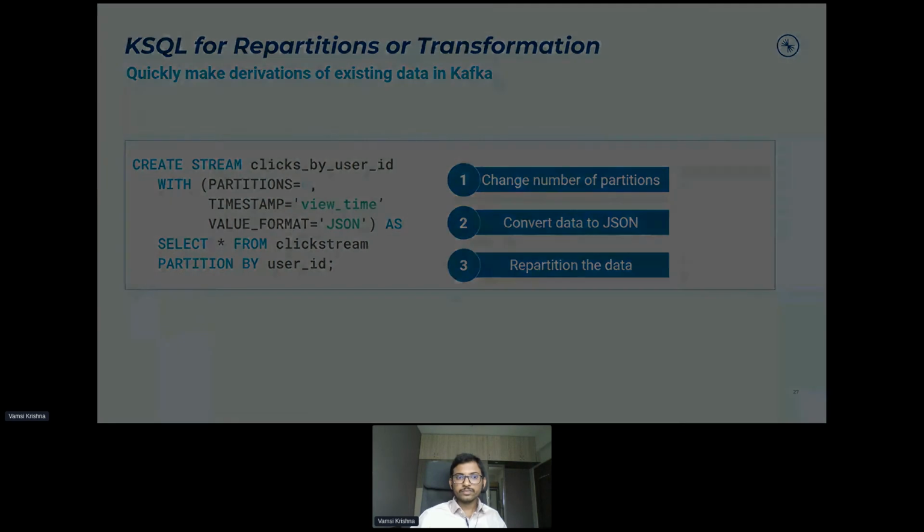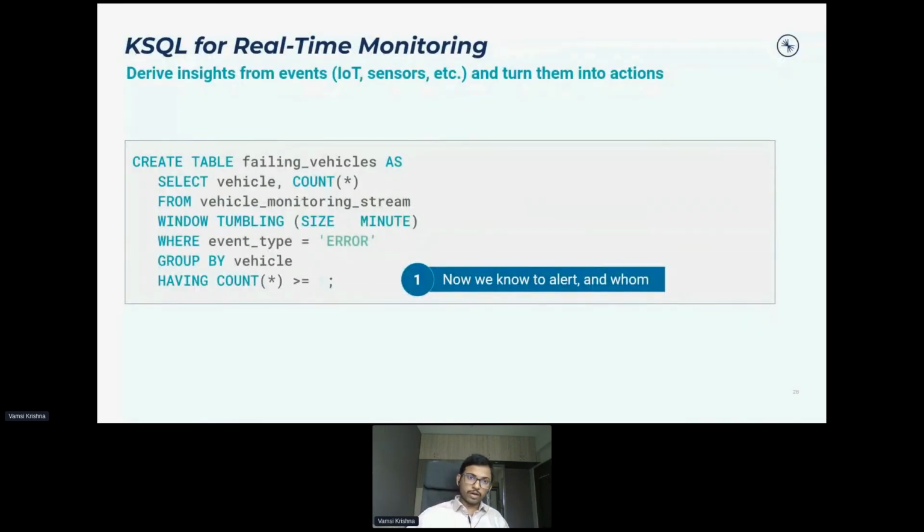Now let's talk of some more very close real-time use cases. Say in case of an IoT, right? You are a car company like Tesla. You can imagine there is a lot of information coming from your vehicles in real time, and you want to do proactive maintenance or proactive alerts to your users if something is going wrong.